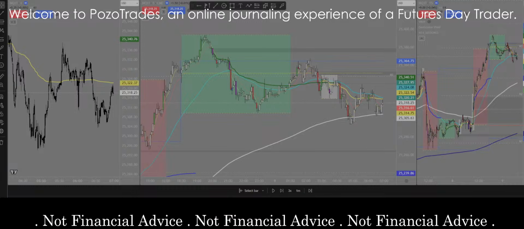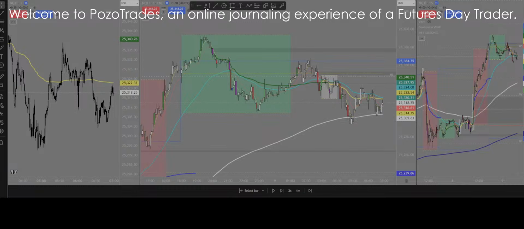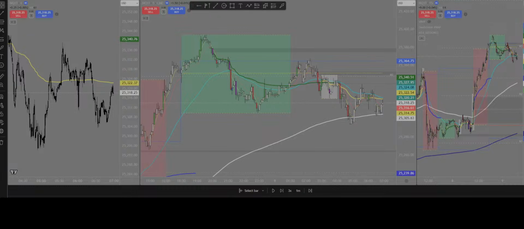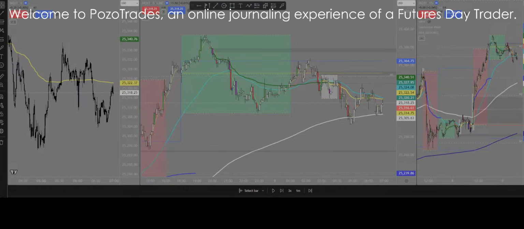A different, let me see. Oh, actually this does look kind of gnarly. Let me see if I can turn this off. No, that's not turning it off.